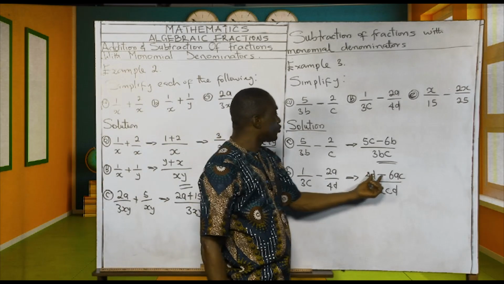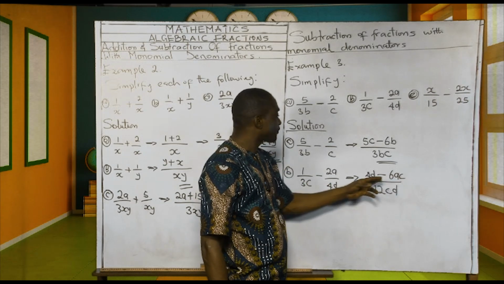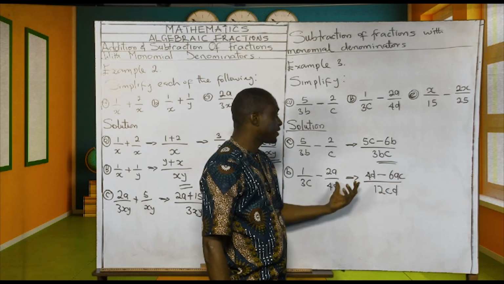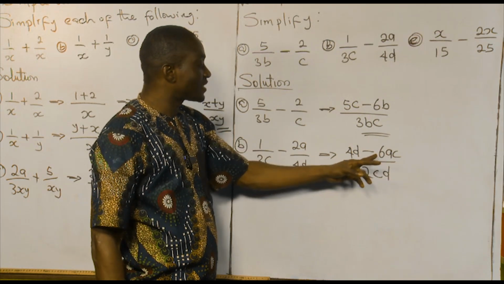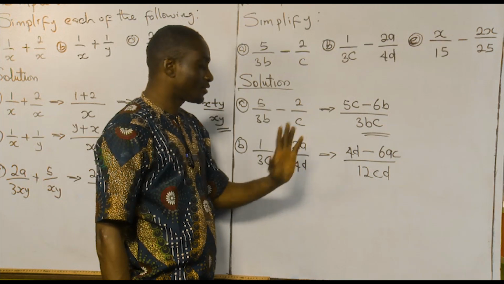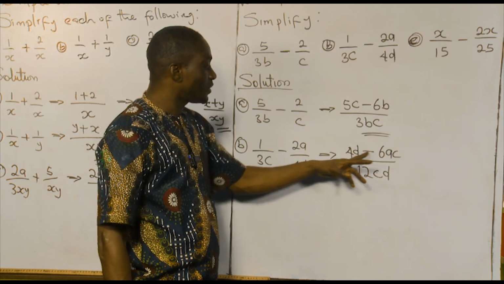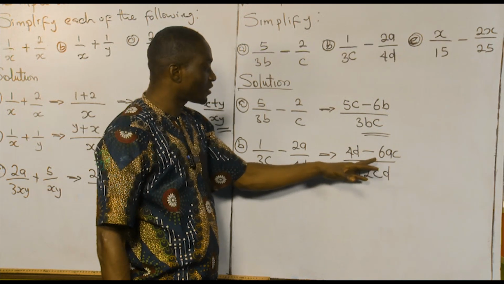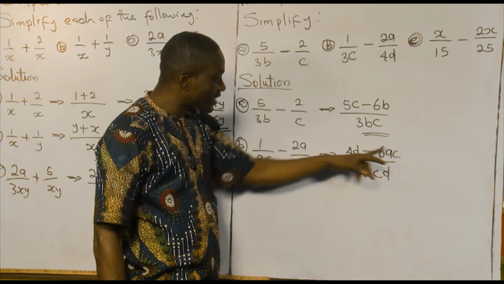Now to subtract 6AC from 4D, we cannot subtract. Don't come and say 4 minus 6 will give us 2. No, don't do that. Before you can make that simple subtraction, these variables, these letters, must be the same.